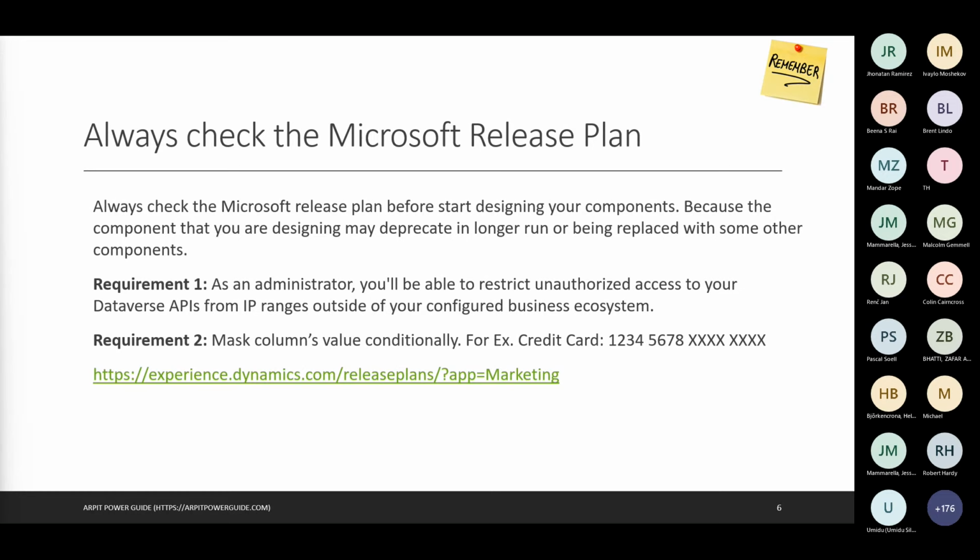Otherwise, sometimes we start developing our own component which is not there in Dynamics, but 3 months later it's in the release plan of Microsoft. You should not end up wasting your effort designing a component which is going to be available in a few months. So always check the Microsoft release plan before designing your components, because the component that you're designing may be deprecated in the long run or replaced with some other component.